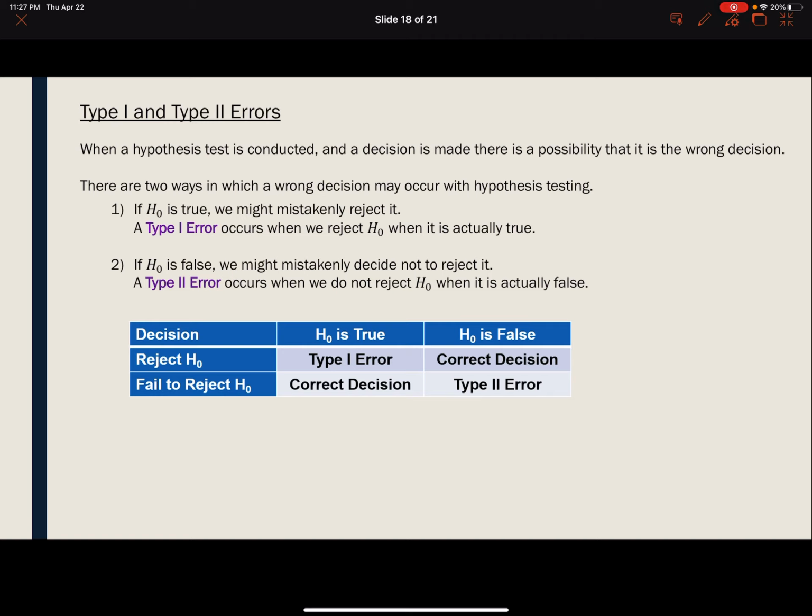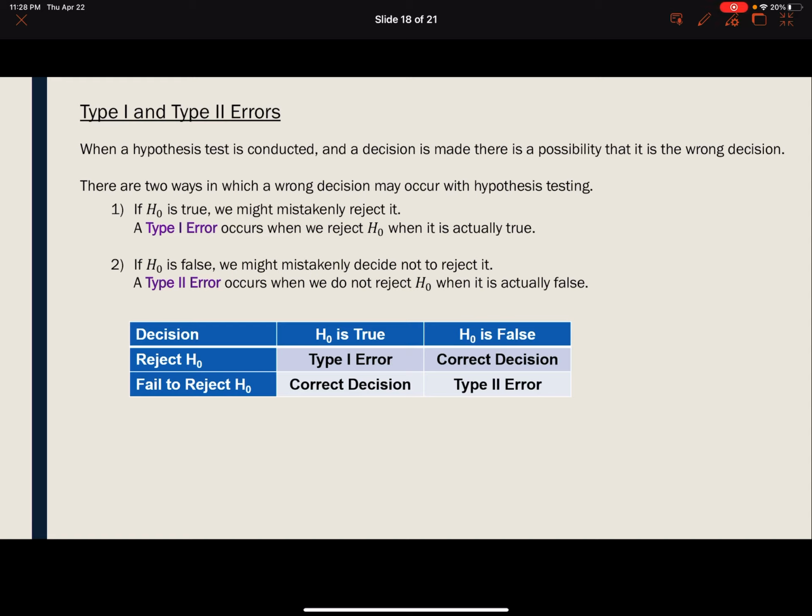With any conclusions that we're making when we're running hypothesis tests or finding confidence intervals, we're not concluding anything with 100%. We're not 100% confident in anything that we're doing, which means there's always a chance that we're wrong in our conclusion.